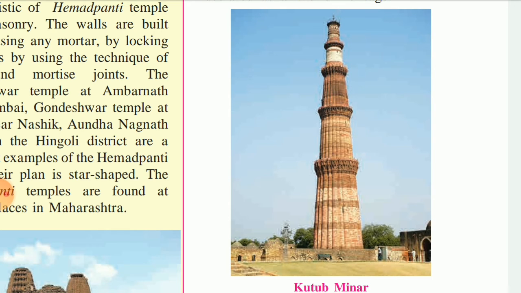The construction of the Kutub Minar started during the reign of Kutubuddin Aibak in the 12th century Common Era, and was completed in the reign of Altmash in the 13th century.